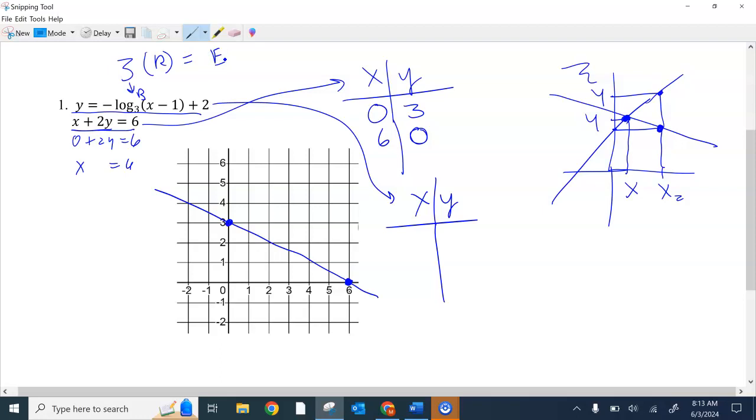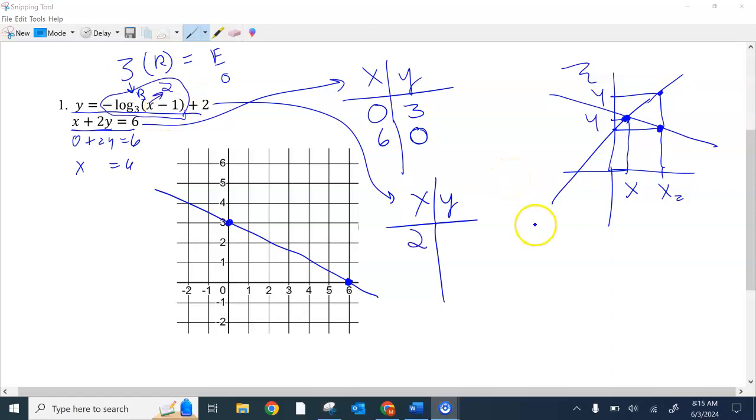So my thought is, let's use a really simple number. If the exponent is 0, then that means the result's always going to be 1.